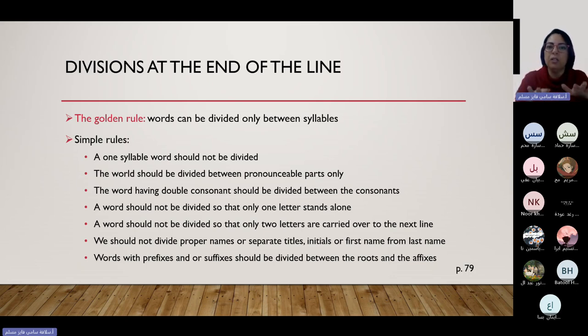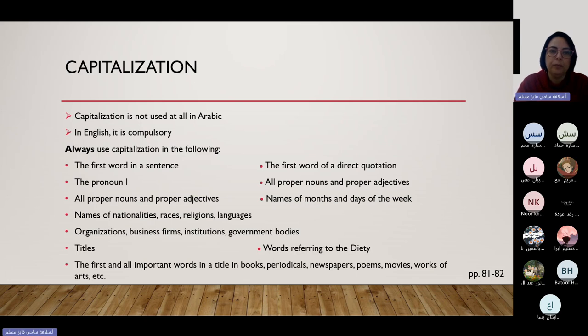But this applies when you're writing something, whether it's a novel, an essay, or something for yourself. Where to hyphen is between compound names with certain rules and at the end of the line with certain rules. In order to write properly, you should know these rules. There are some exceptions, yes, but you need to learn them by heart. Okay?